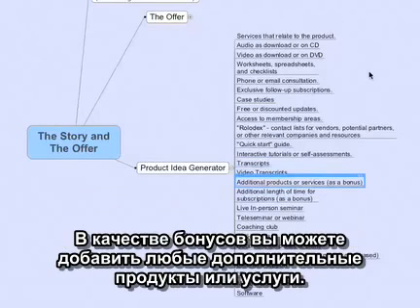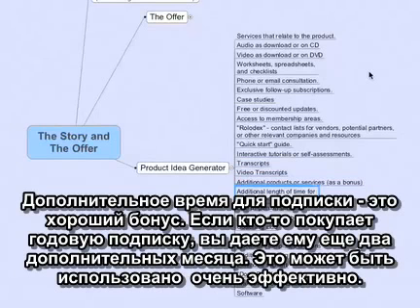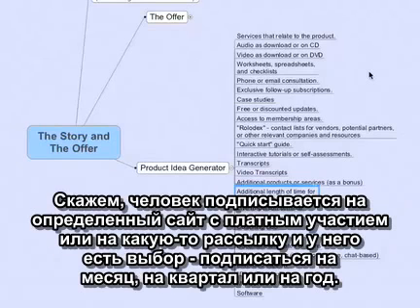Just any additional products or services you could throw in as bonuses. This is a good one. Additional length of time for a subscription. So if someone buys a year subscription to something, you give them an extra 2 months. So this can be used real effectively. Say someone has a choice of subscribing to some membership site or subscription, and they can subscribe for a month, or for a quarter, or for a year.